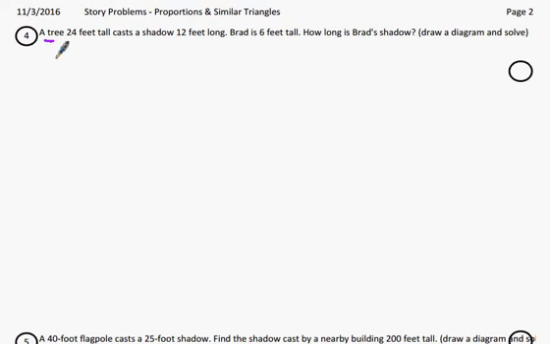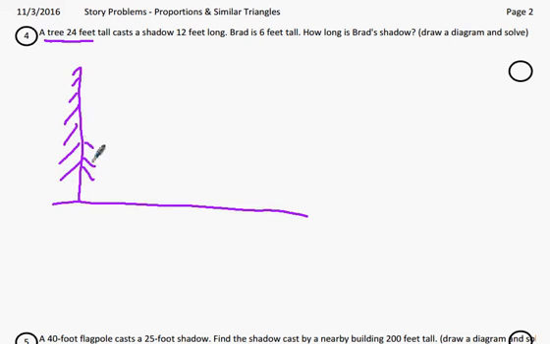A tree is 24 feet tall. If I have a tree, I need the ground. And I'm not trying to make a very good tree. I just need something to represent a tree.